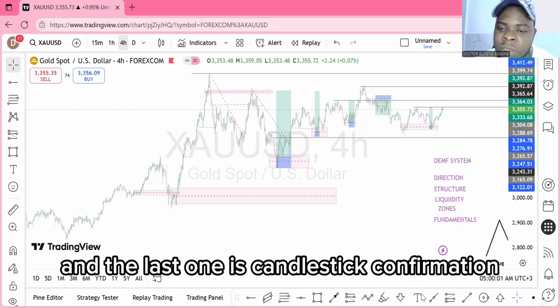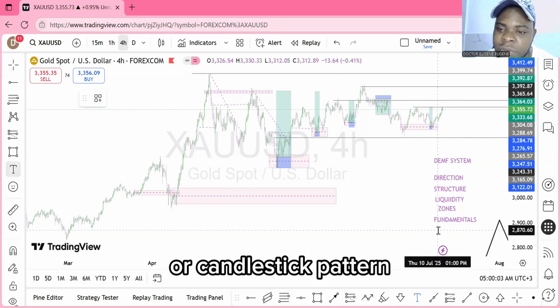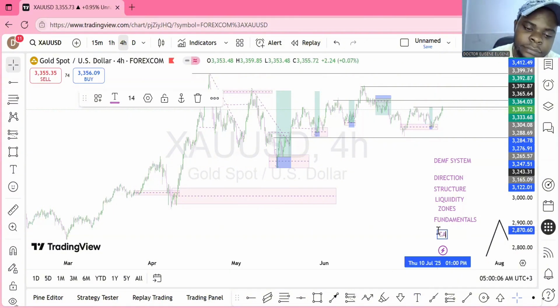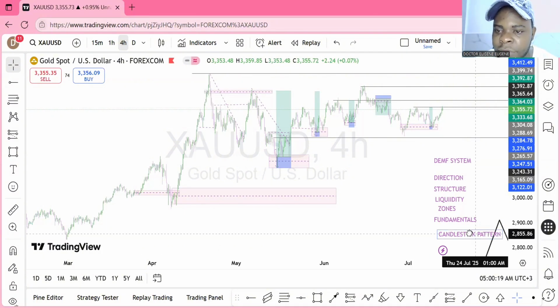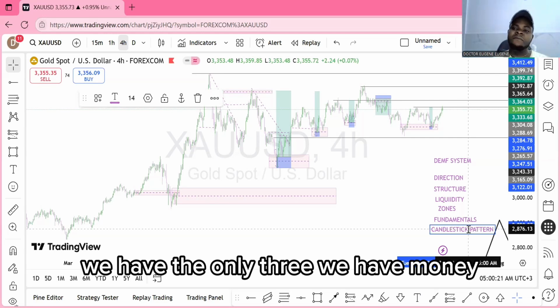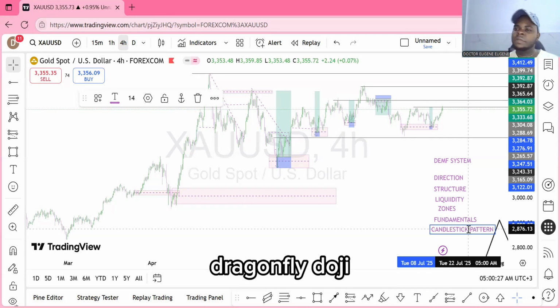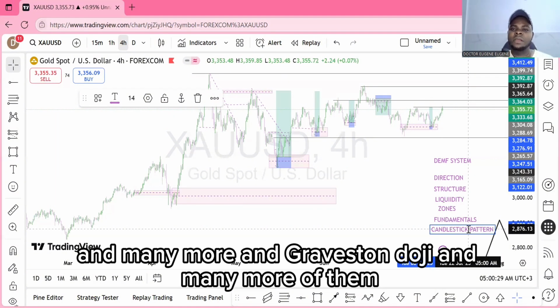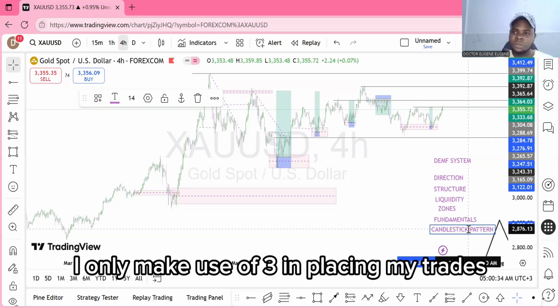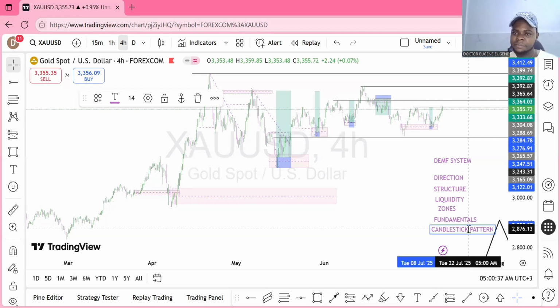And the last one is candlestick confirmation or candlestick pattern. In this candlestick pattern, we have many of them like tweezer candle, dragonfly doji, gravestone doji, and many more. But I only make use of three in placing my trades.